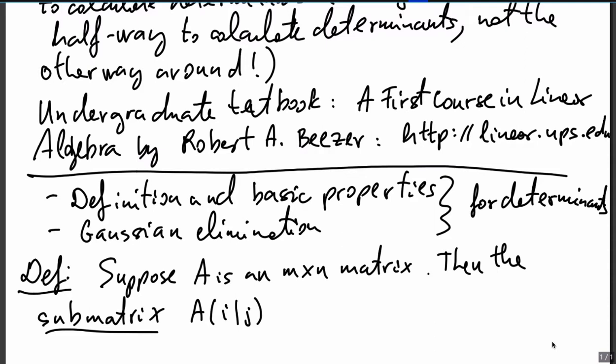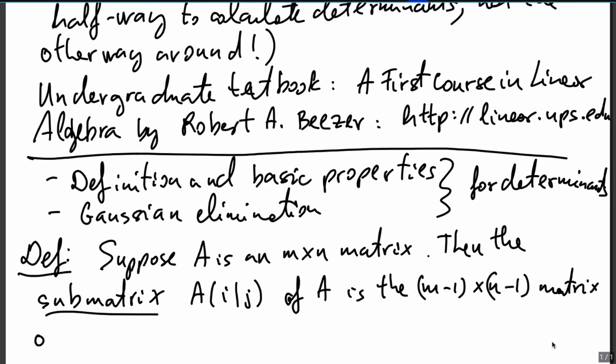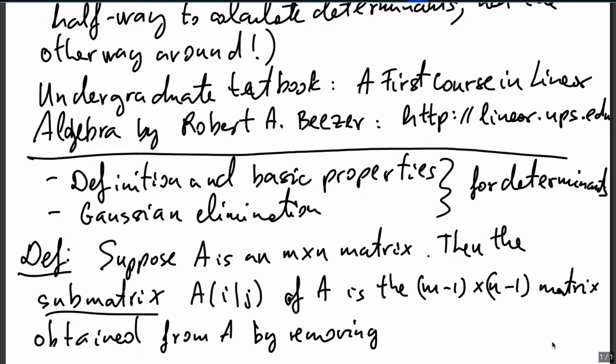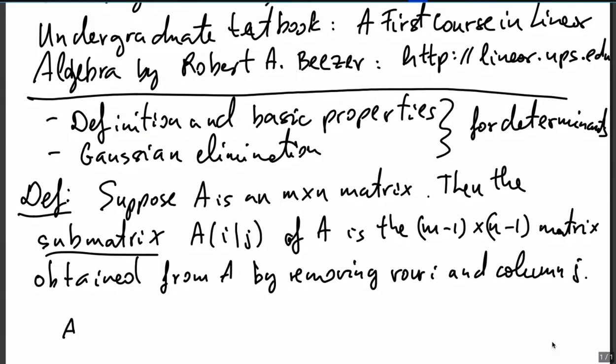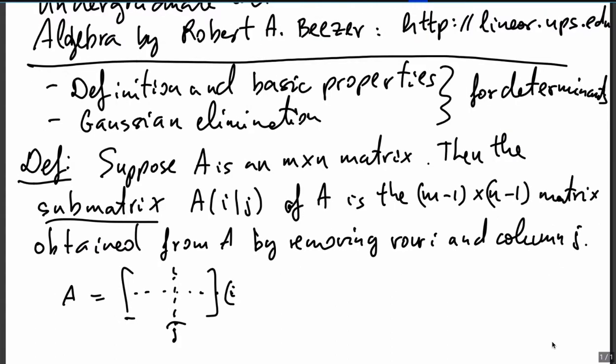So this A(i|j) submatrix of A is the n-1 by n-1 matrix obtained from A by removing row i and column j. All right, so the idea is that if you have a matrix A, it has an ith row and a jth column, and then when you delete these, you get a smaller matrix, one row less and one column less.